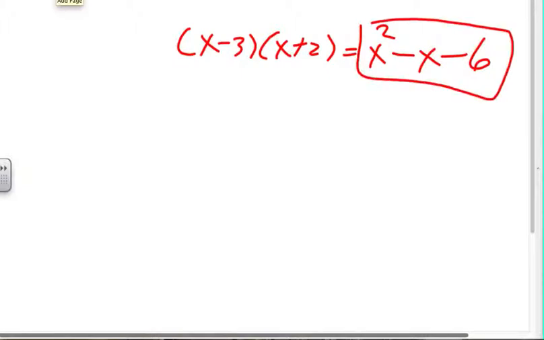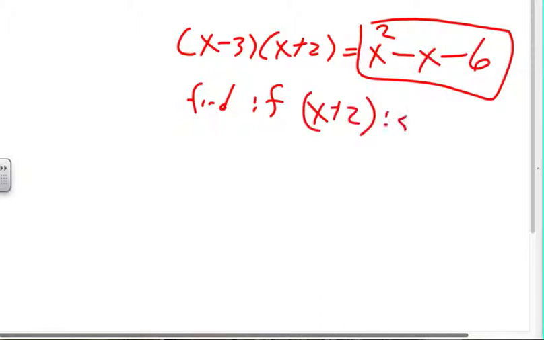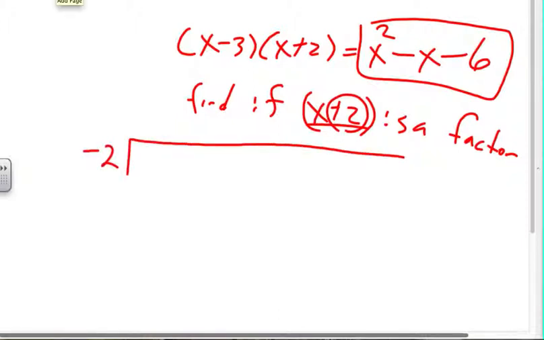But what I want to do is find out if x plus 2 is a factor. Now, I know you can factor this, but imagine if this was a higher order one with a cube, okay? So what you do then is we're going to use synthetic division on this. So I'm going to take this number right here, change the sign, because that's a plus 2. And I'm going to put my coefficients of this up here, which is 1, -1, -6.